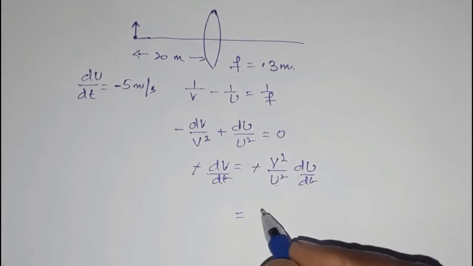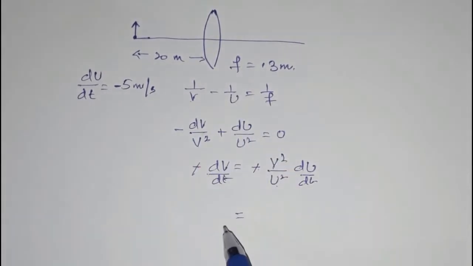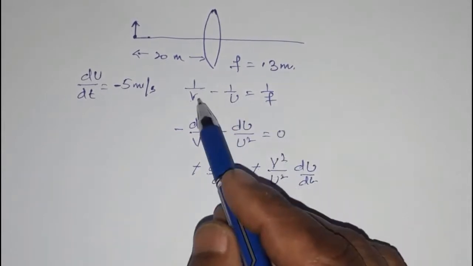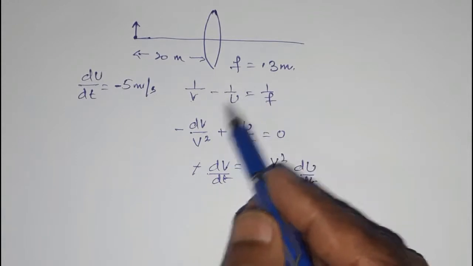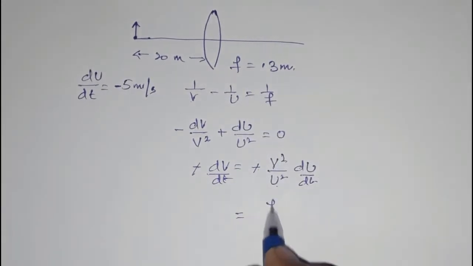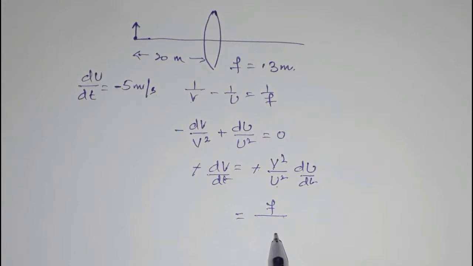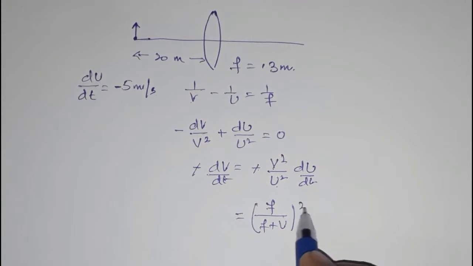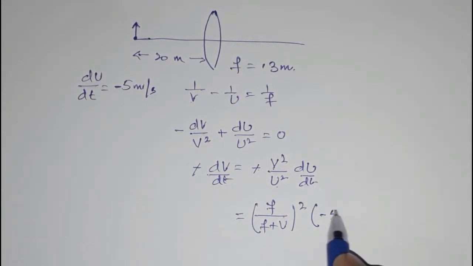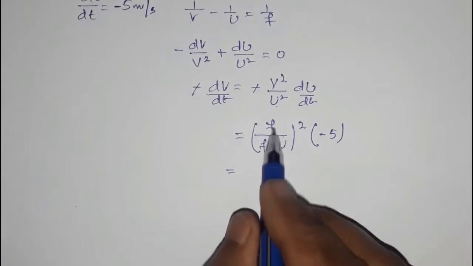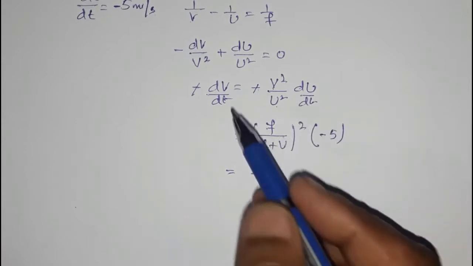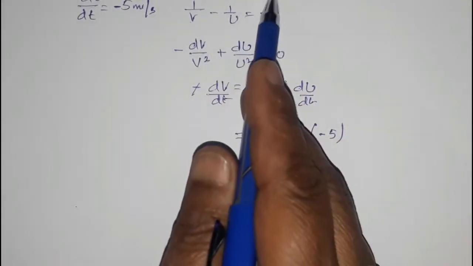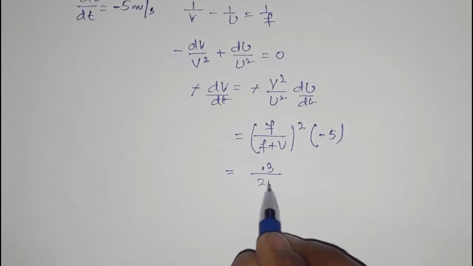Now what is v upon u? V upon u can be found from here, and this will come out as f upon f plus u, squared, and du by dt is minus 5. So roughly we take f is equal to 0.3, and here 20 plus 0.3, it will not make much difference. 20.3 is negligible compared to this, so we can take 20.